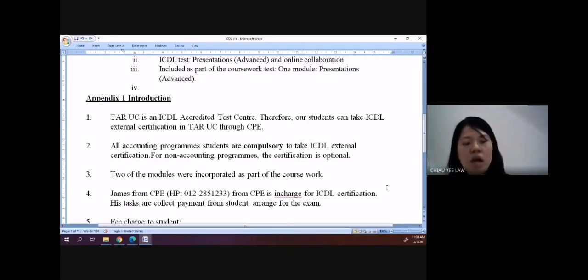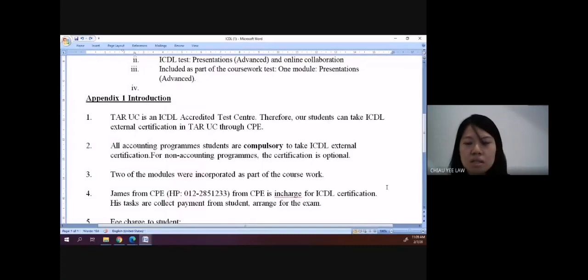But the thing is, TAR College only covers the exam fee once. That's why we want to score at least a 95% pass rate, because we only cover once. If you repeat, then you need to pay yourself. That's the problem.